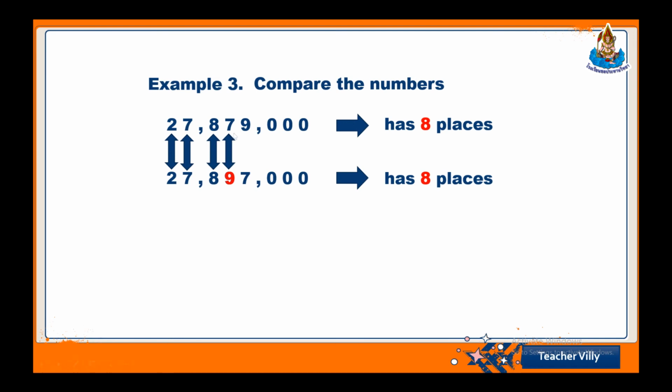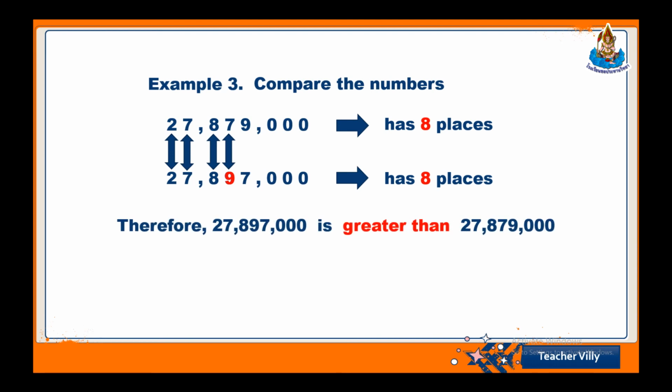Right, it's 9. Therefore, since 9 is greater, we have 27,897,000 is greater than 27,879,000.